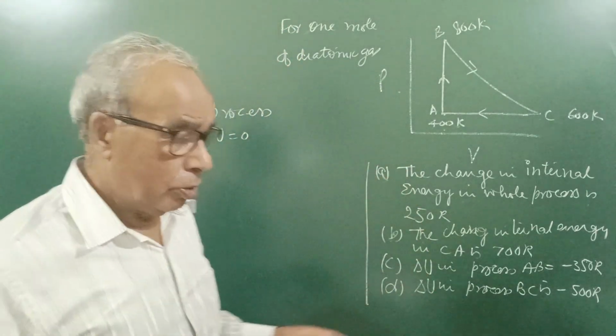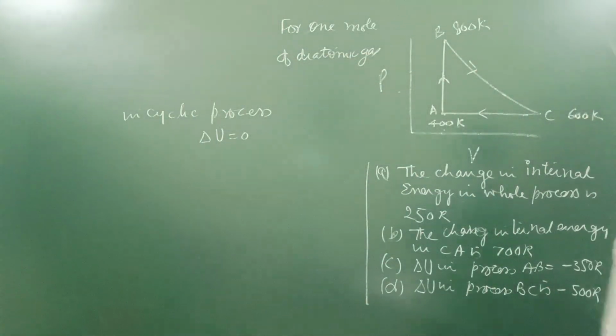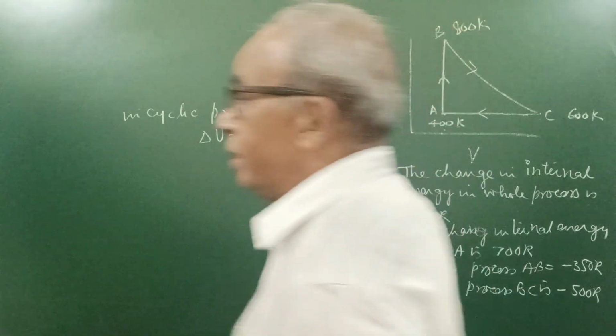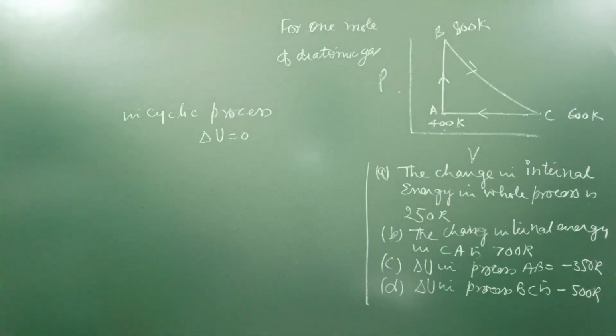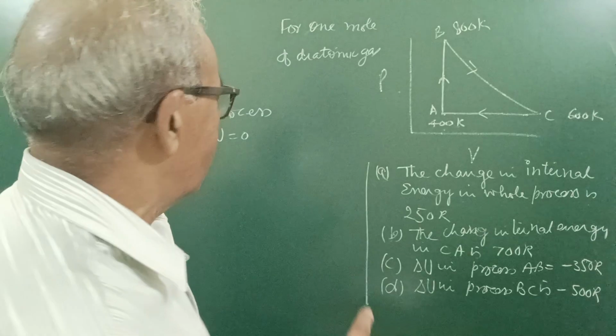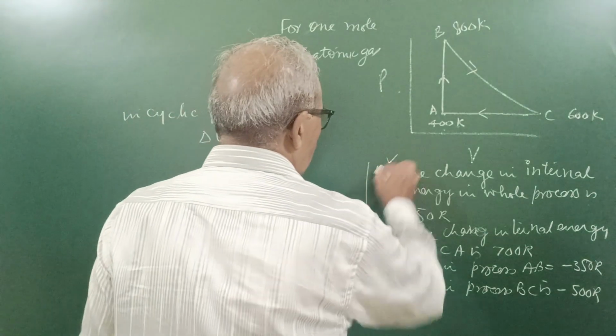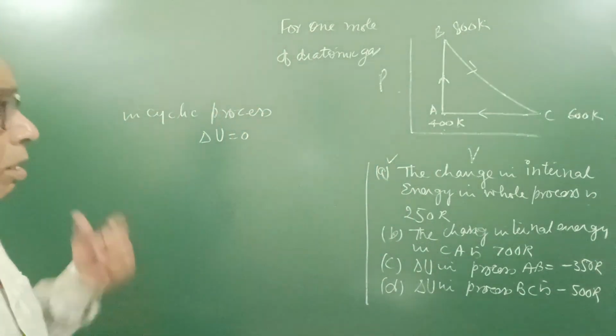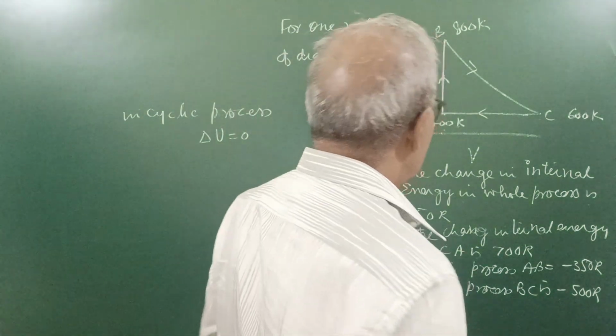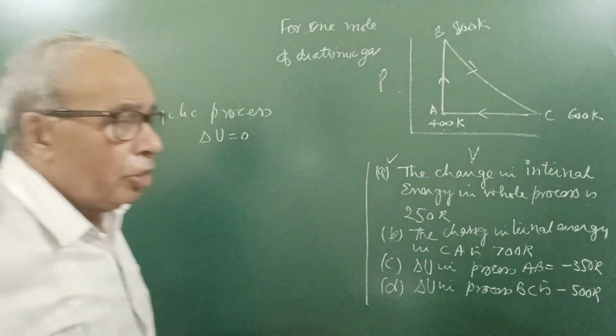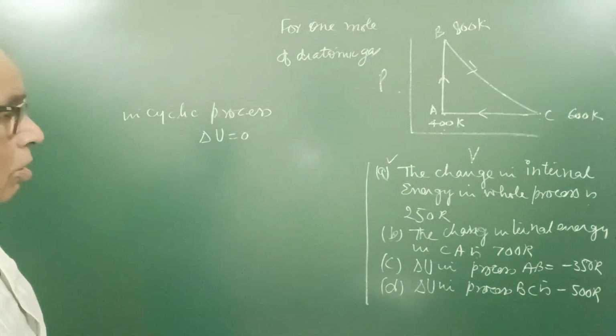Path followed does not matter, it depends only on temperature. For ideal gas, the internal energy depends entirely upon temperature. So this is wrong, because in a complete cycle the change in energy is 0.